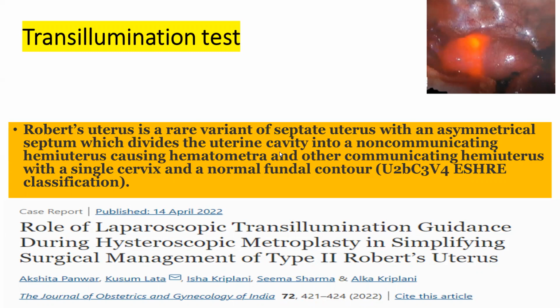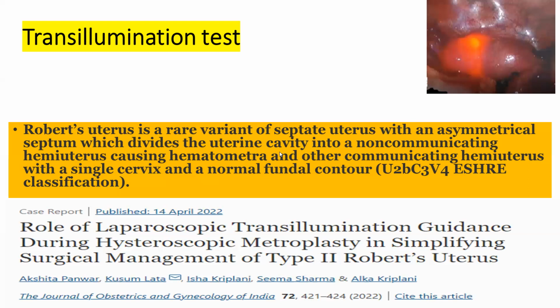And also, this is important in detection of some rare anomalies, or some rare subtypes of septum, like Robert's syndrome or Robert's uterus, where a septum divides the uterus into two asymmetrical parts, and one of these parts is non-communicating with the other part.